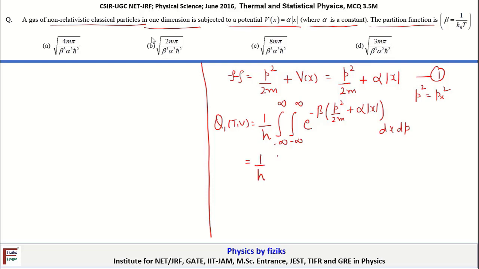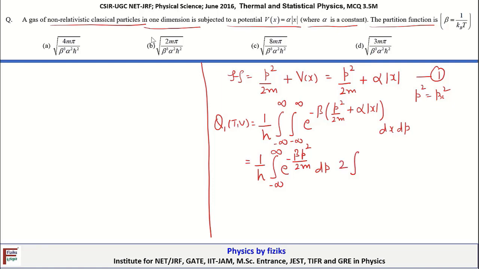Now this is further equal to 1 by h, the integral from minus infinity to infinity of exponential minus beta p square by 2m dp, and the integral over the space coordinate.